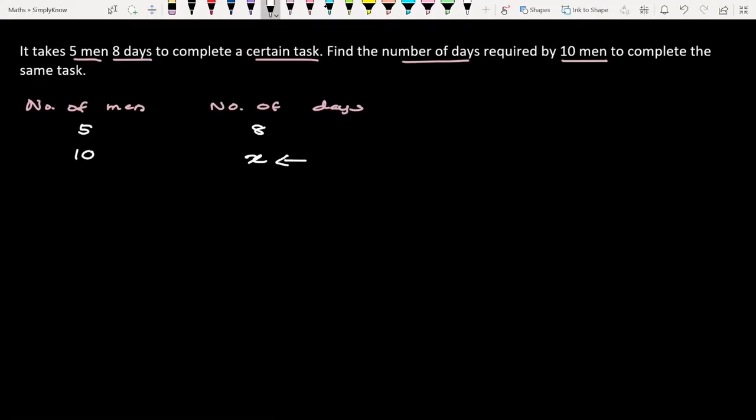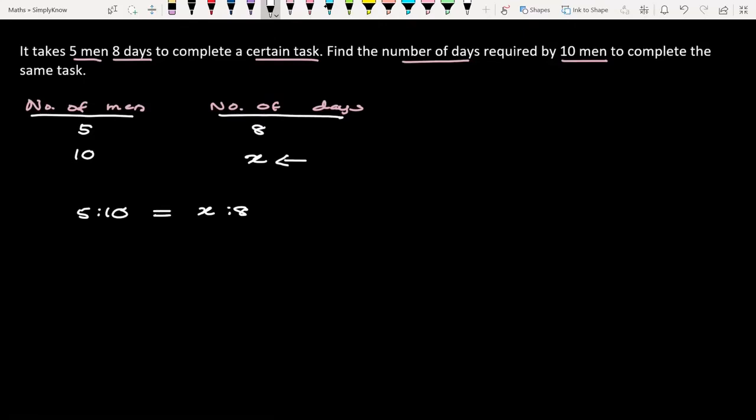We can use the knowledge on ratios related to inverse proportion. The ratio of number of men is 5 to 10. The ratio of number of days is 8 to x. But now we are going to write in the other way around, x to 8.